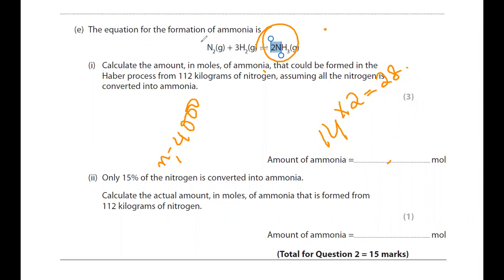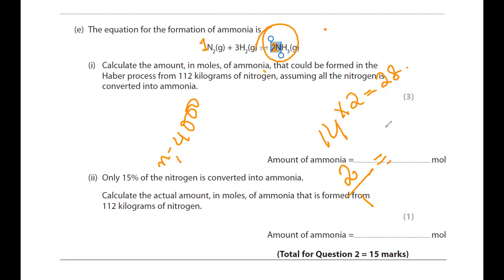You have one of nitrogen and ammonia, correct? Can you see that in the equation? There's a 2 written next to ammonia. So that's how you're going to solve it. You have 2 of ammonia and 1 of nitrogen.